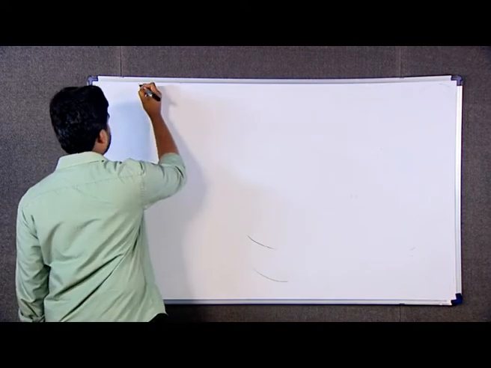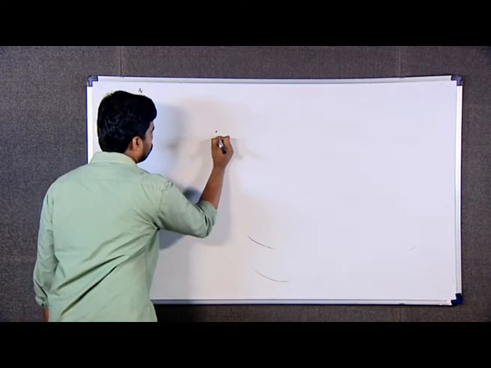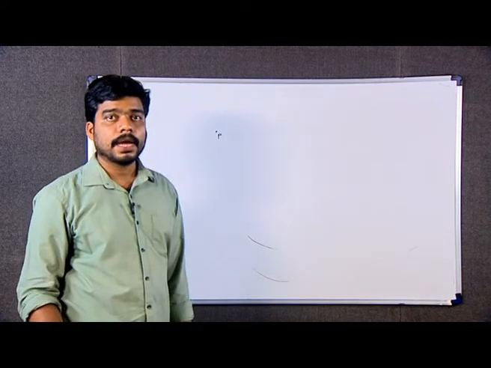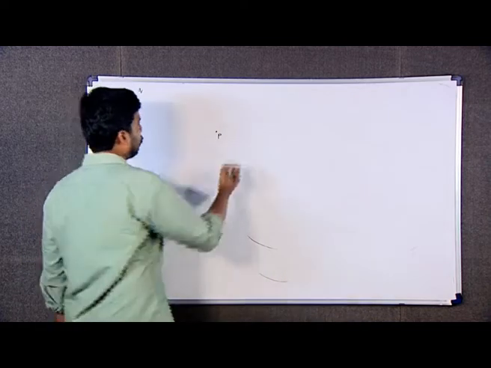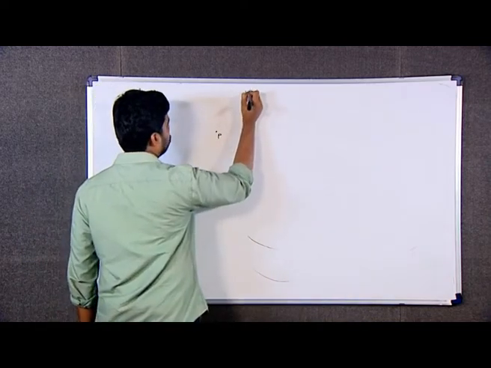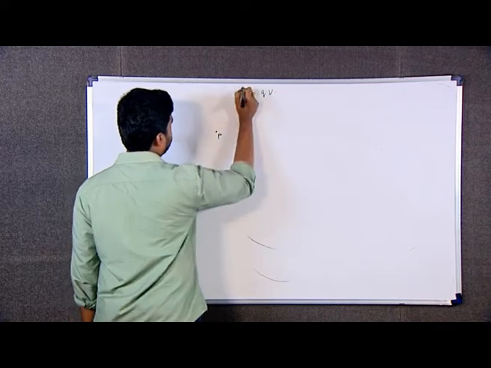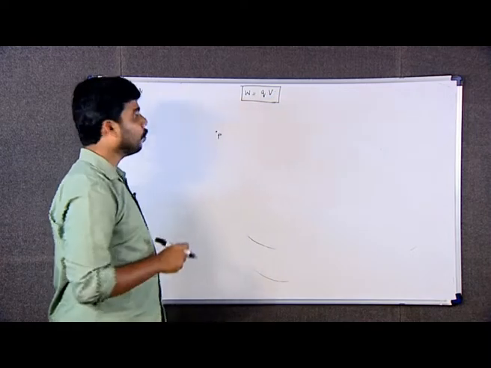So, I am taking a charge q and I want to assemble this charge at this point P. What is the work done? We have the expression W is equal to Q into V. The general expression is W is equal to Q into V.